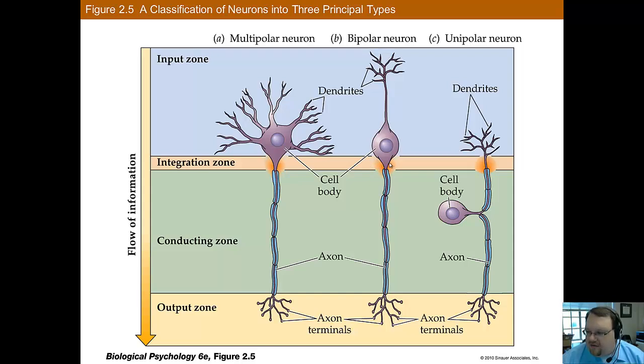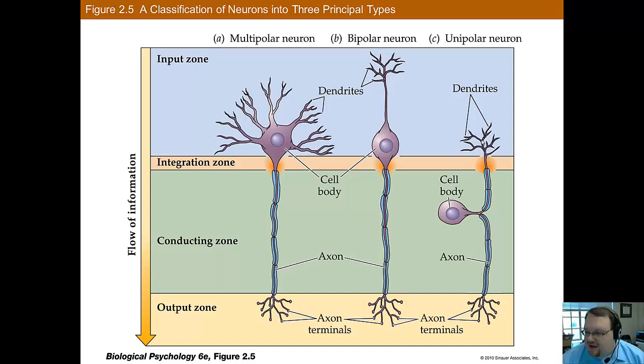I bring that up because unipolar neurons are different. As you see, unipolar neurons have this setup where you actually have a single axon that branches in two directions. So this is all axon. And for this all to be axon, that means that this integration, this deciding whether or not the cell fires, needs to happen earlier.